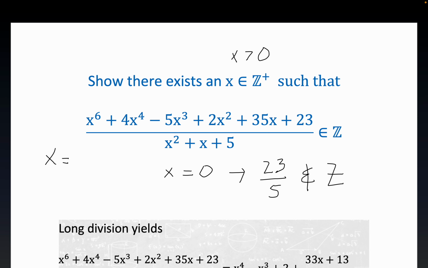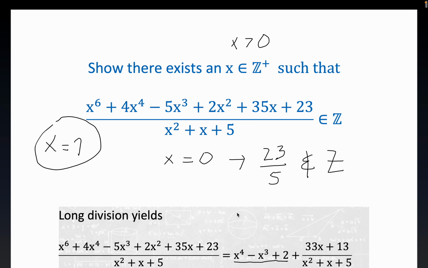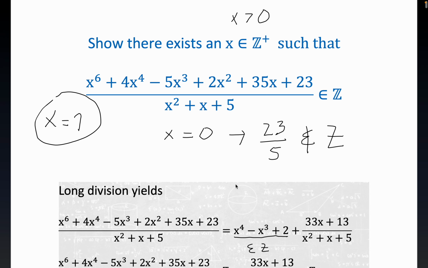X equals 7: if you substitute it into this expression, you will get an integer. I don't know the value of that integer, but the math is unassailable, I think. So x equals 7 would be the only positive solution, so it's unique as far as positive solutions go, but there are some negative solutions if you want to check on those.